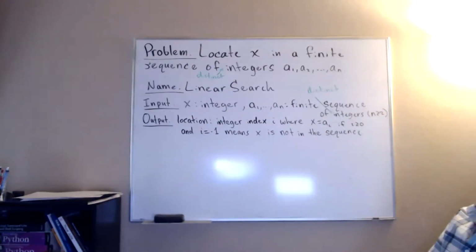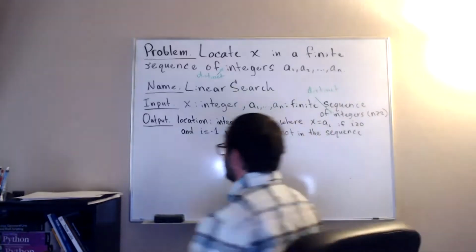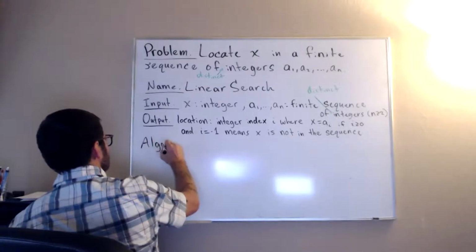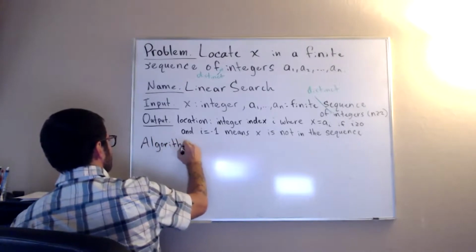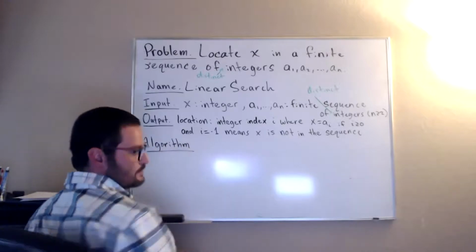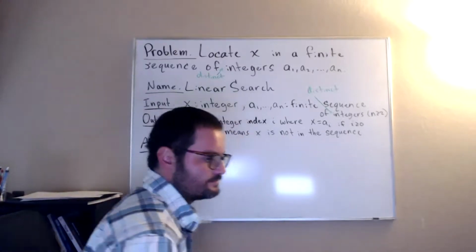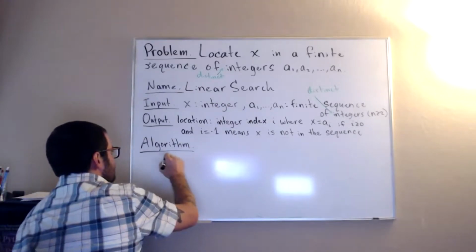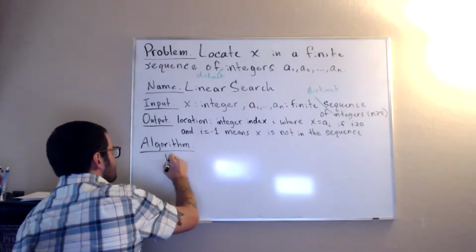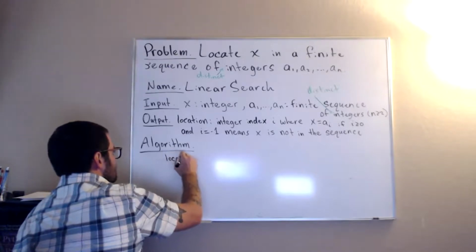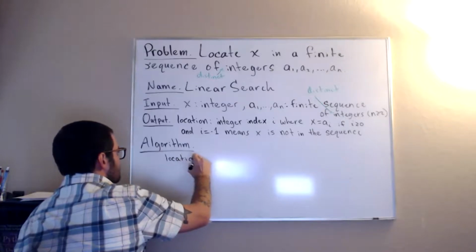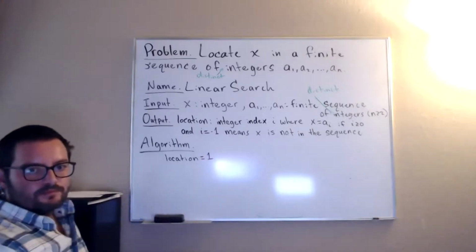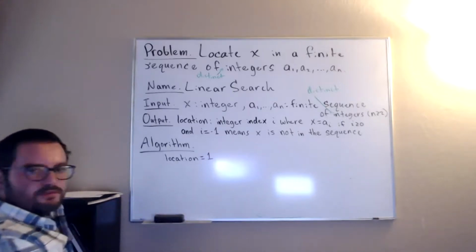Okay. So then the algorithm. What we're going to do is say location equals 1. And now we're going to use what's called a while loop.